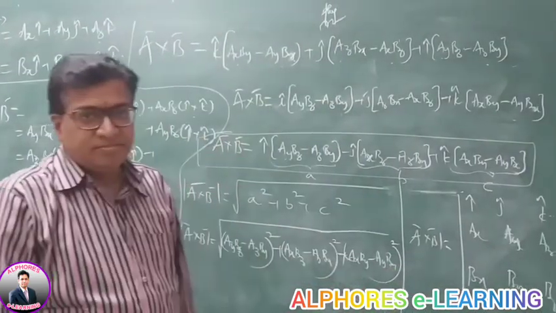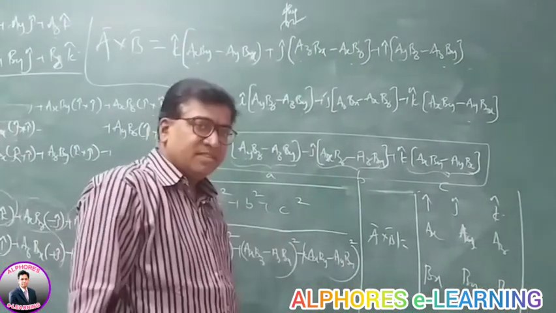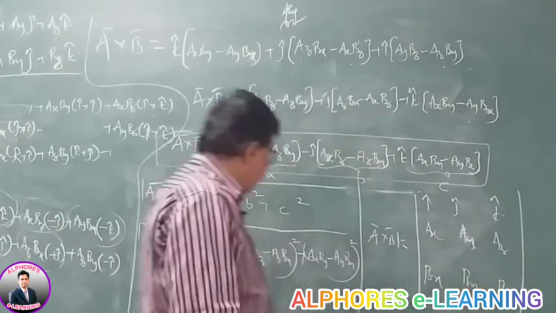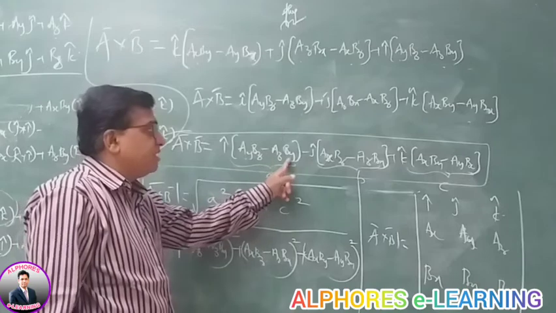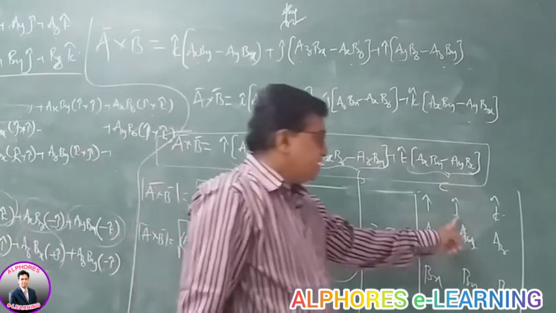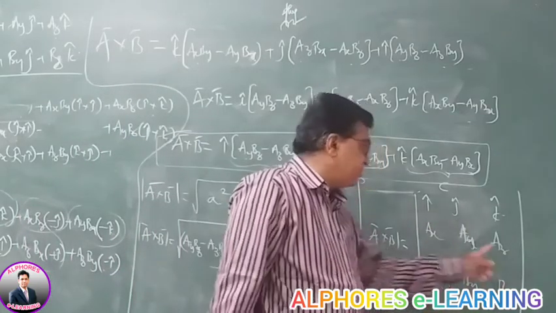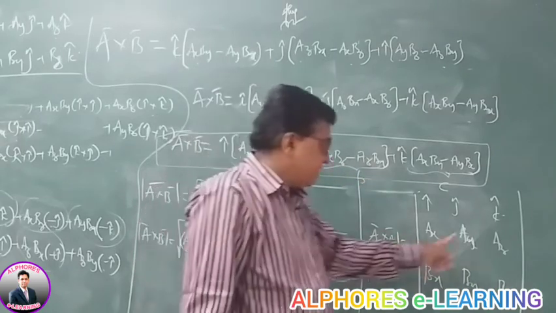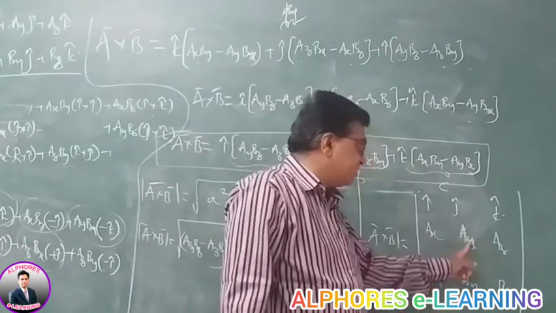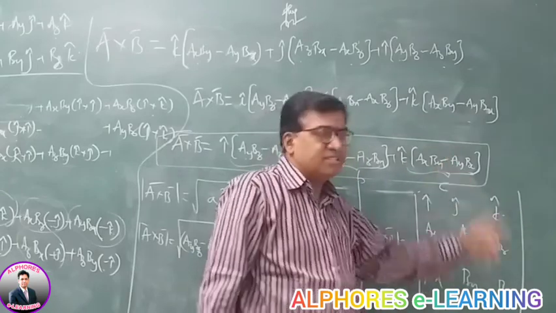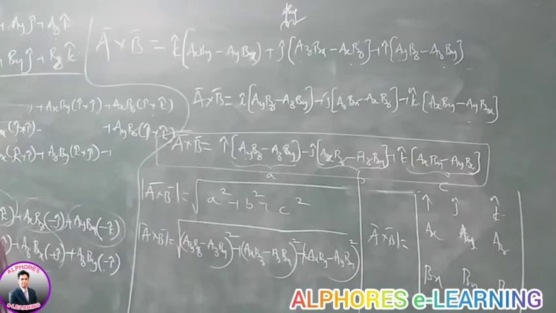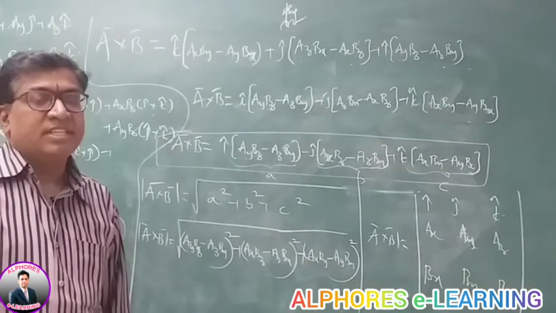So it is i into ay bz minus by az, minus j into ax bz minus bx az, plus k into ax by minus bx ay. This way you can find the cross product of two vectors.